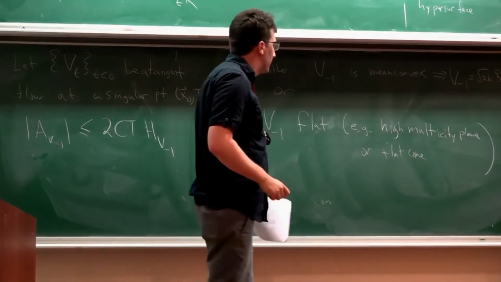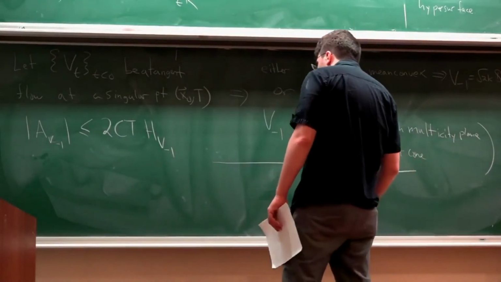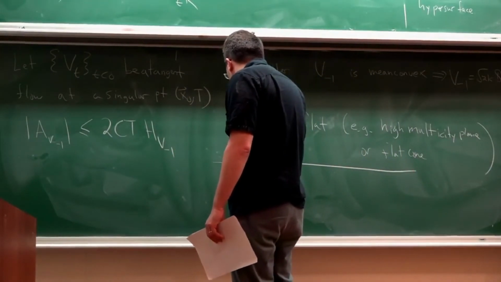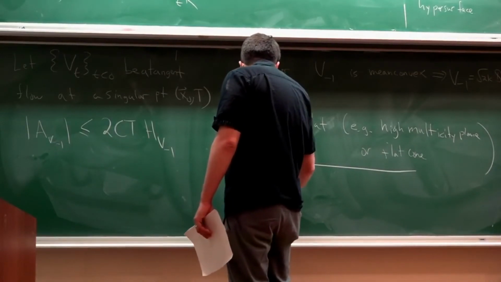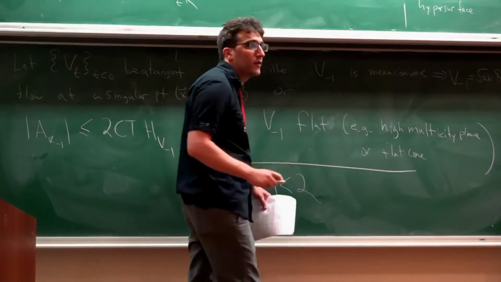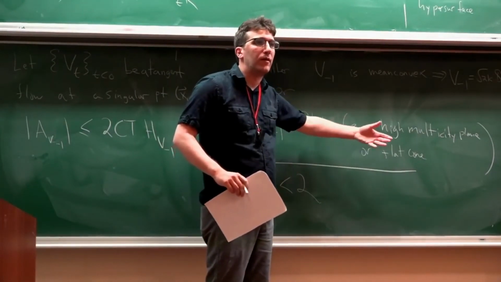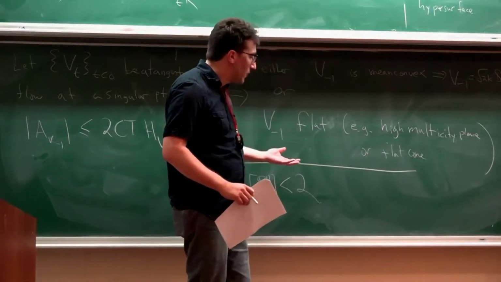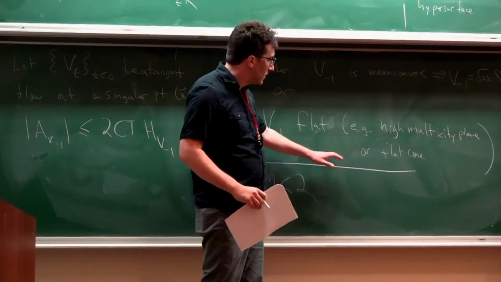The point here is that, and I didn't mention this, we know that the entropy of the sphere is actually strictly less than 2. So you can't have a double plane because that would have entropy above. You could have a double plane, but then you have proved the theorem anyway.